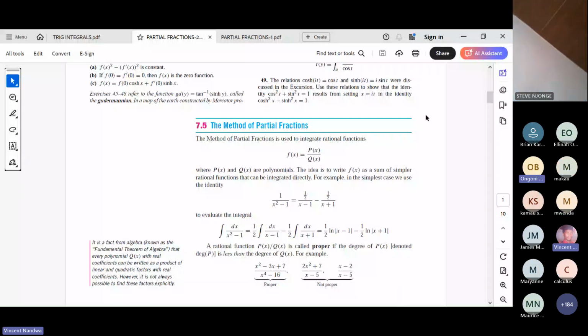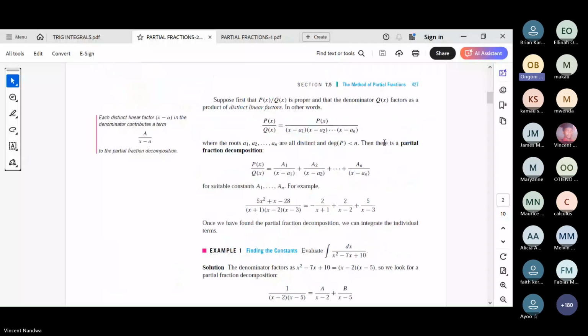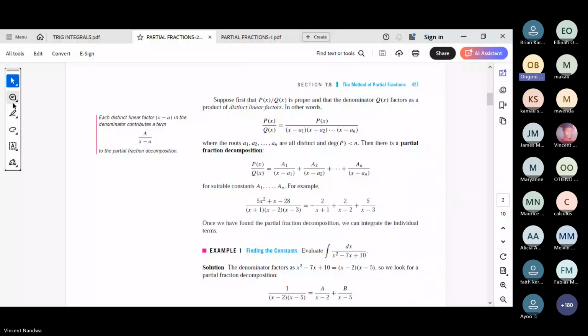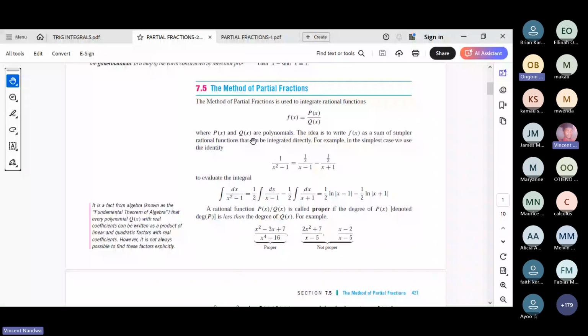So the method of partial fractions is applicable only to rational functions. And if you remember from your calculus 1, a rational function is simply a function which can be expressed as a quotient of two polynomials. So this method is only applicable for rational functions.